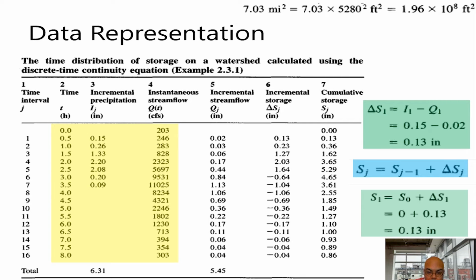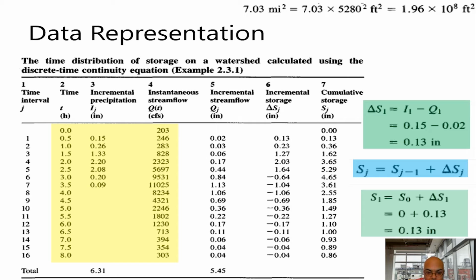The area of the catchment is given as 1.96 times 10 to the power 8 square feet. Then we get the result in feet, but 1 foot is equal to 12 inches, so when we multiply by 12, we get this value. So we can see that at 0.5 hour the outflow Q is 0.02 inch of water above the watershed. Similarly, from 0.5 to 1 hour, it is 0.03.